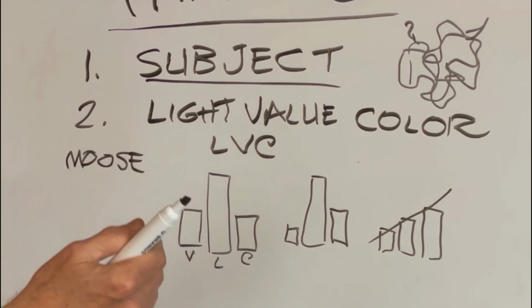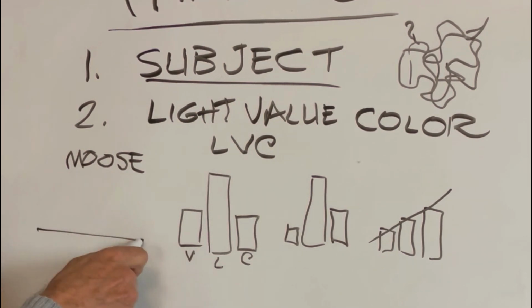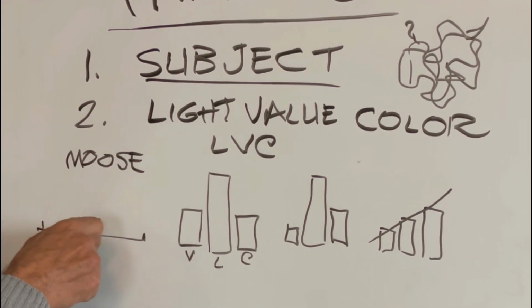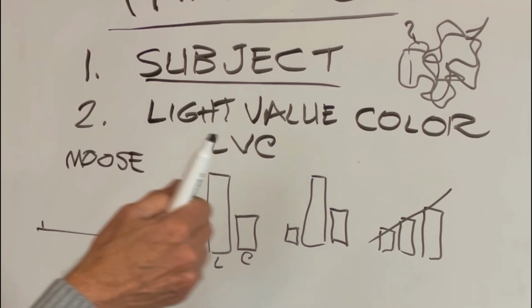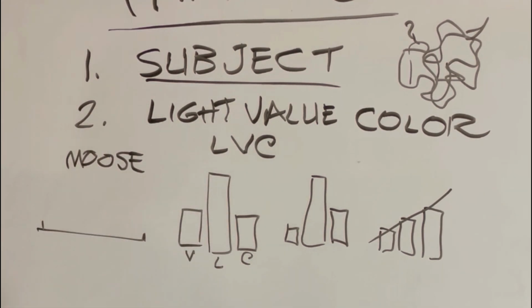Value, the moose, its value in terms of a scale of dark to light, how dark it is against the background, that's another value, and perhaps a more distant aspect of the scene being a different value, sky being a different value, and so on.